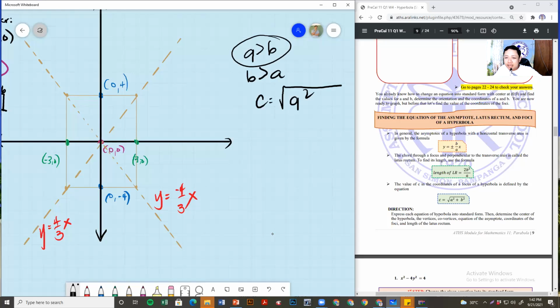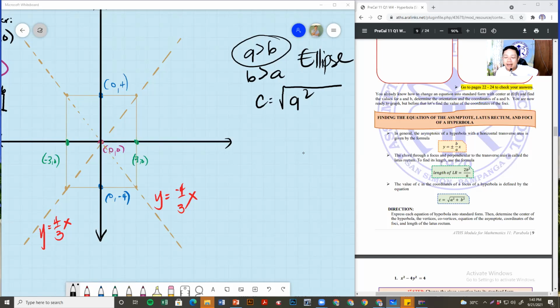In the ellipse, to get your c, is it plus? Try to recall. It's minus.